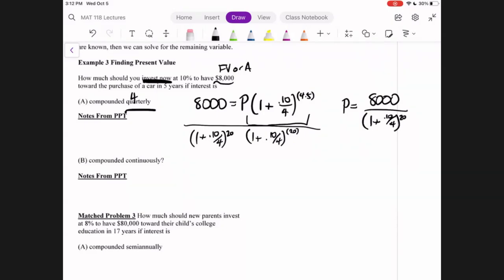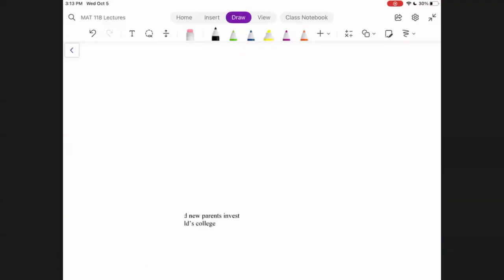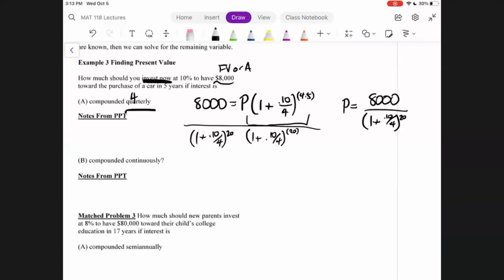So let's key this in Desmos, just to get some practice. So I have 8,000 divided by, I'm going to do parentheses, 1 plus, and my percent was, let me check, 10.